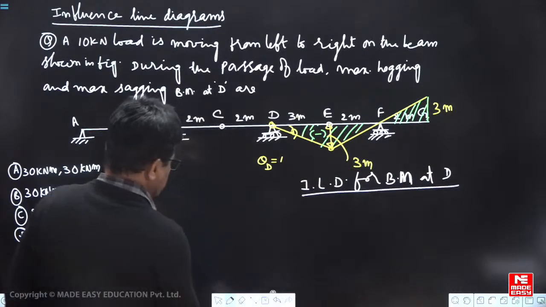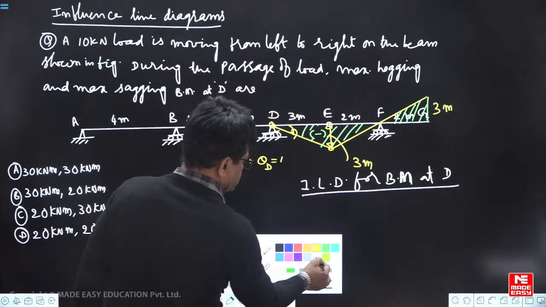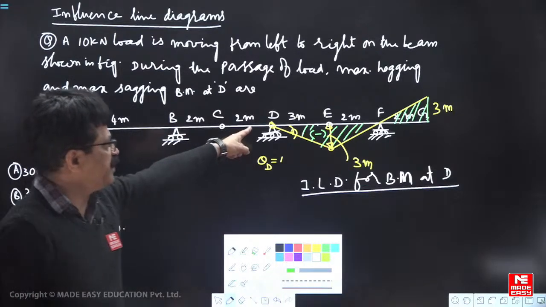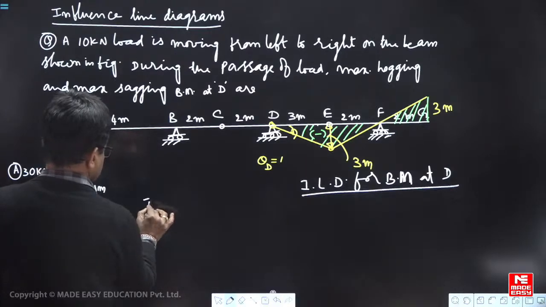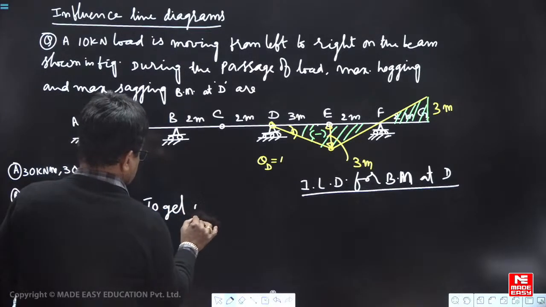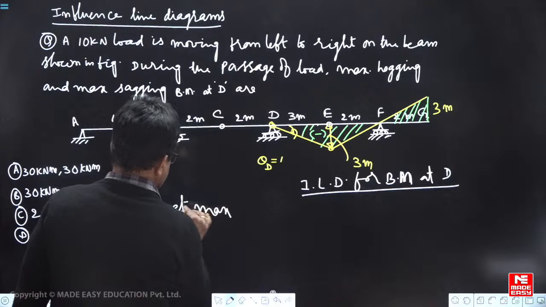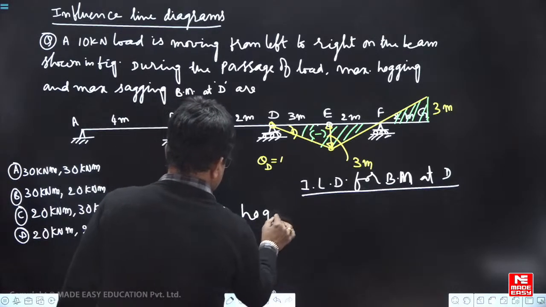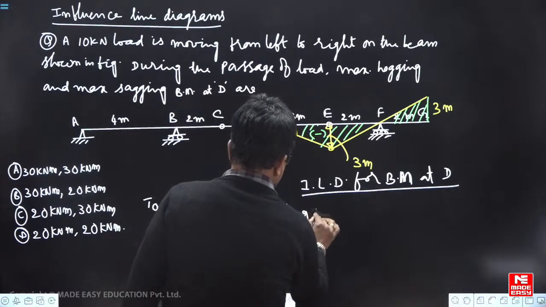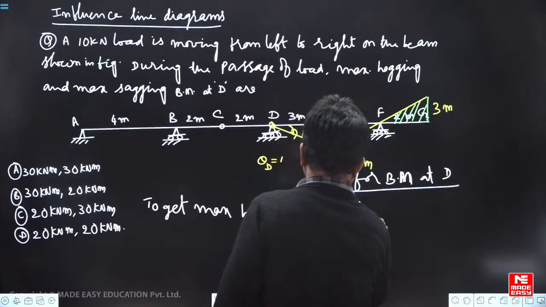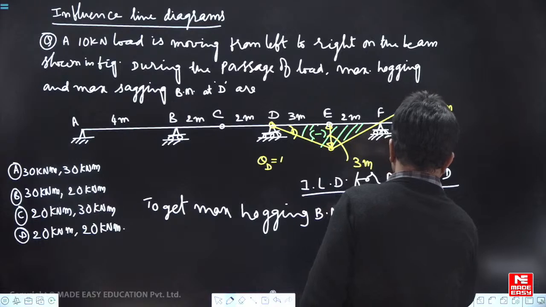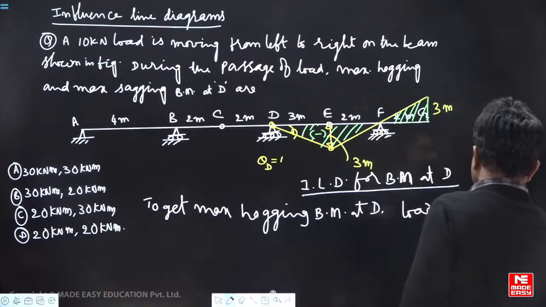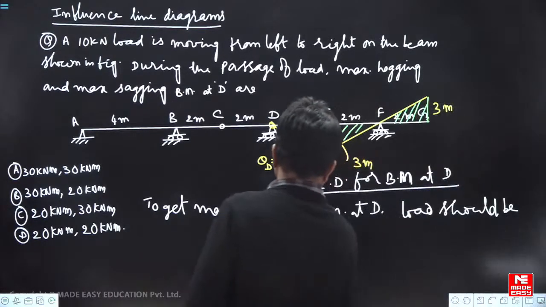So to get maximum hogging bending moment at D, load must be kept at E. To get maximum hogging bending moment at D, load should be kept at E.